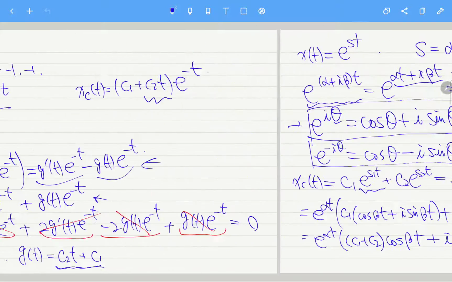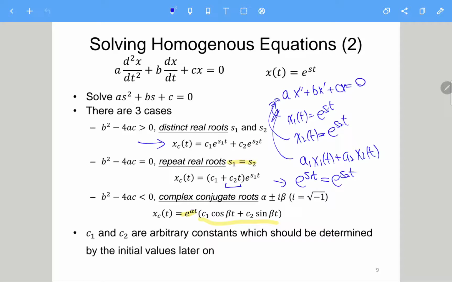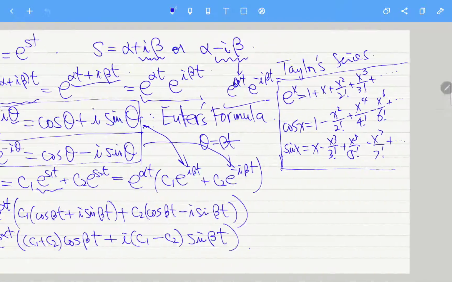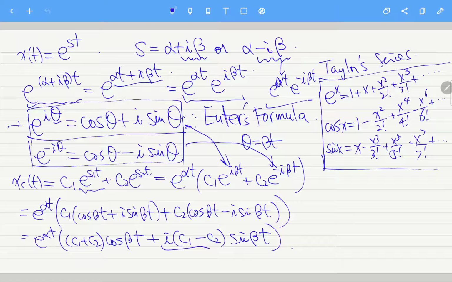And we know that the original differential equation is a real value function. So we also suppose the solution will be a real function rather than a complex function. So we will expect these coefficients to be real.